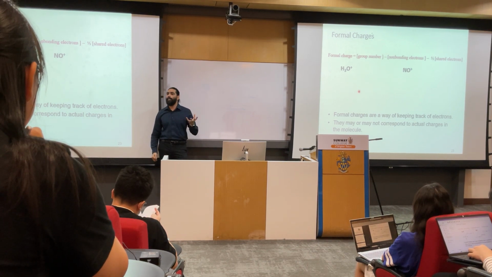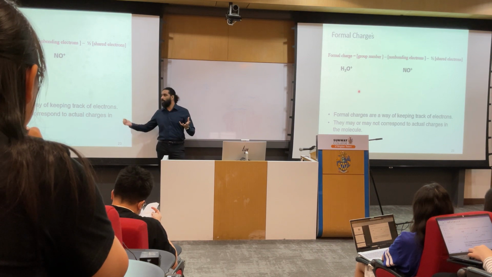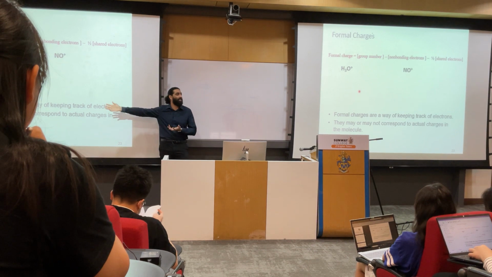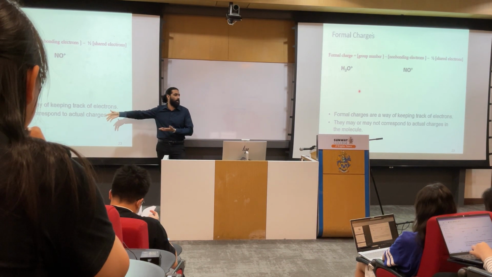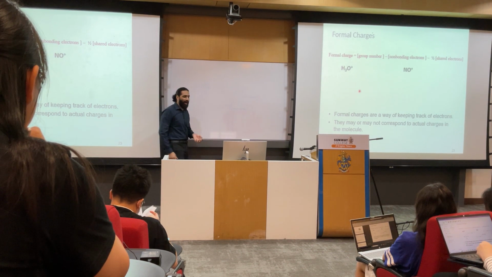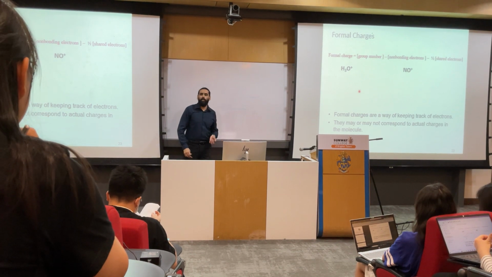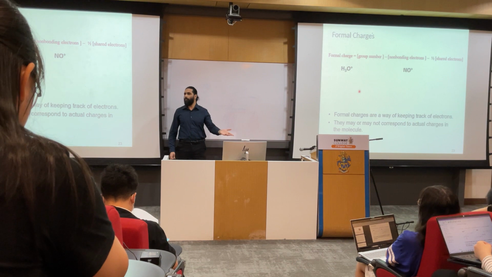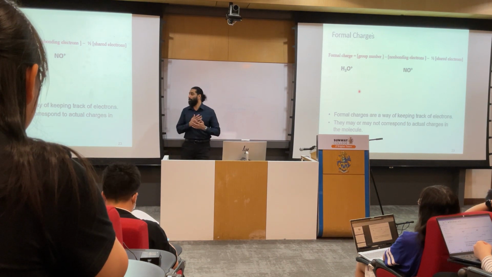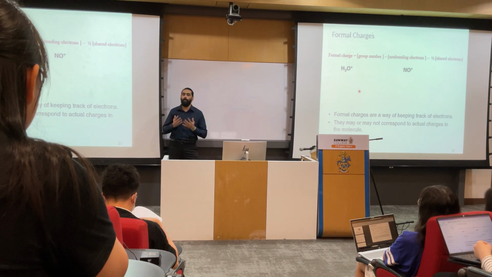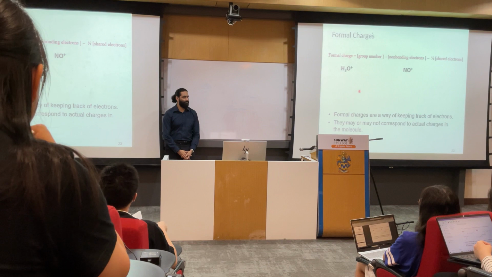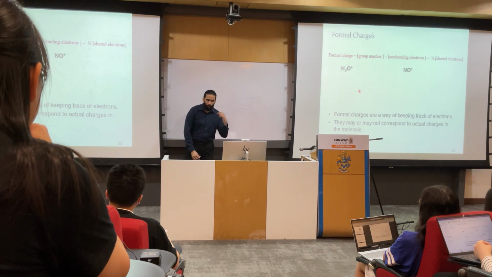Sometimes any element in a compound can have a formal charge as well, which is not a practical charge, but it is there for formalities. How do we calculate that? There is this equation you need to memorize. I don't like memorizing things, and my memory is very weak, so I wish you good luck in remembering this.